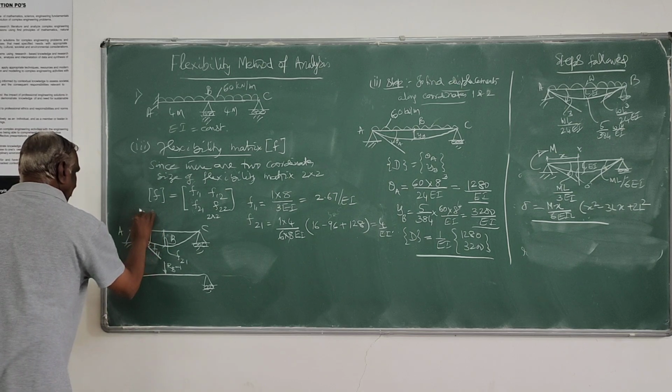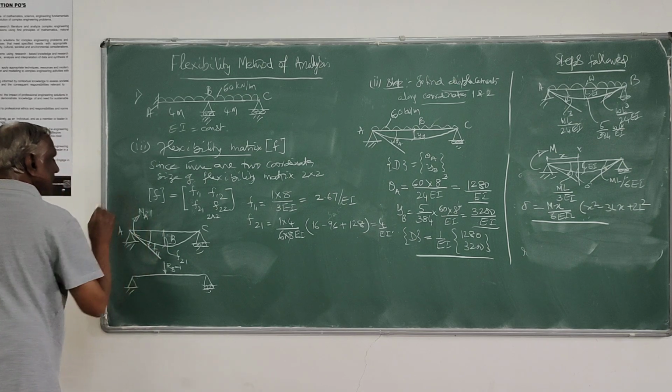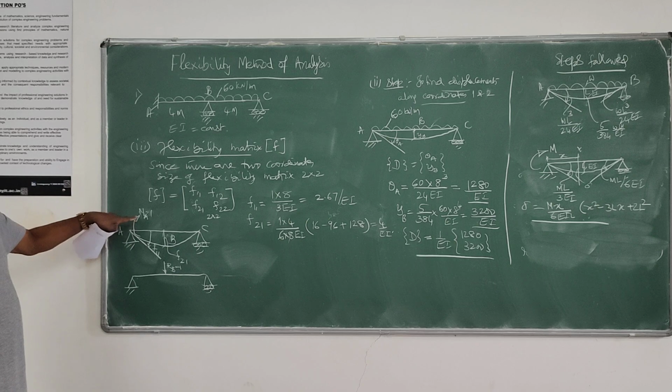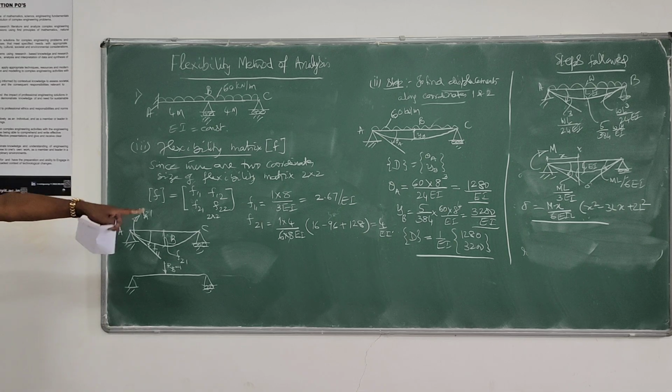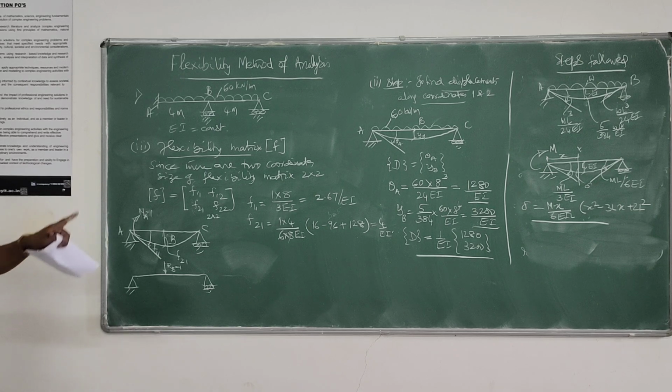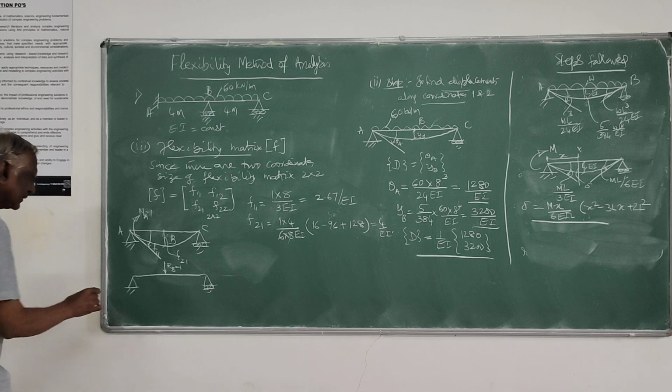Here MA is 1; here RB is equal to 1. I am applying unit load in the downward direction, so I need not attach a negative sign, all will be positive only.